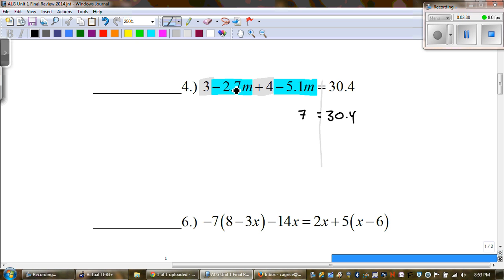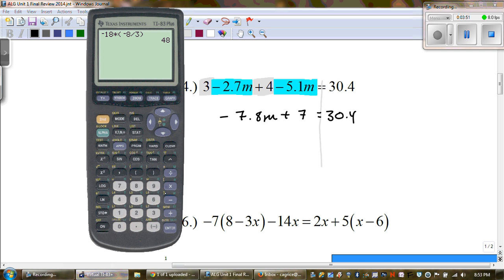Now you have negative 2.7 and negative 5.1. When we combine those together, we get negative 7.8 m, and that was plus 7. And if you need to use your calculator, guys, just do negative 2.7 minus 5.1, and that's where negative 7.8 comes from.